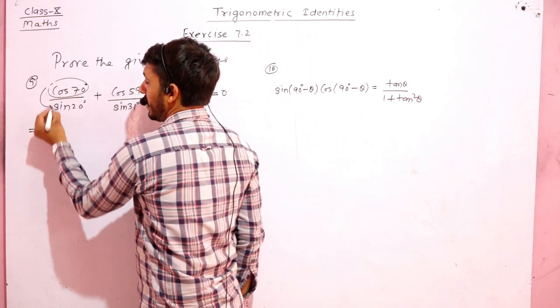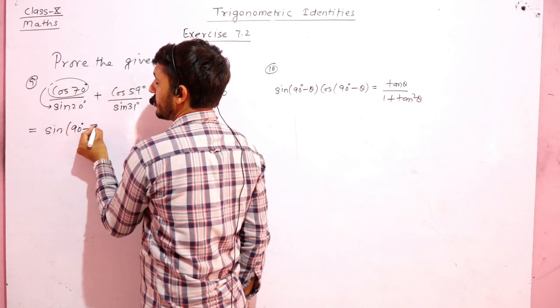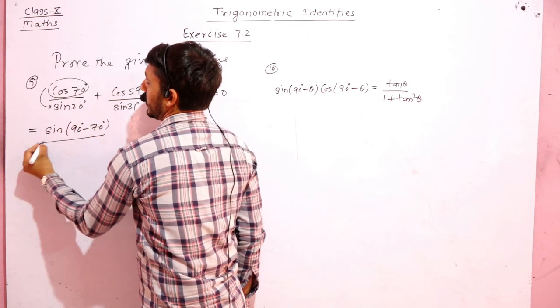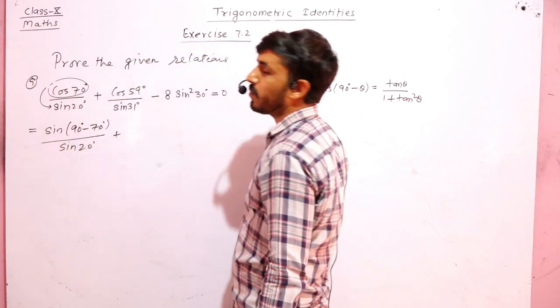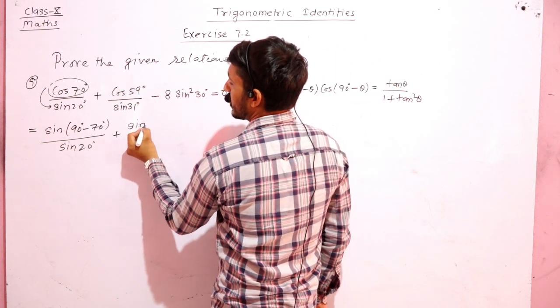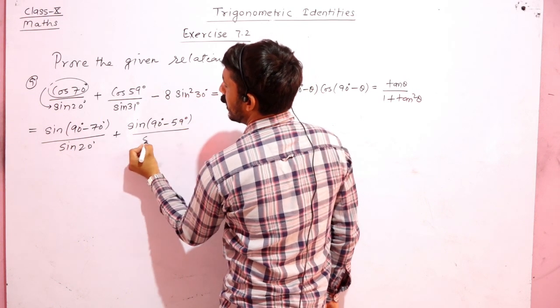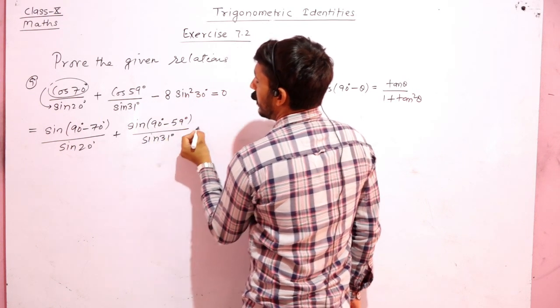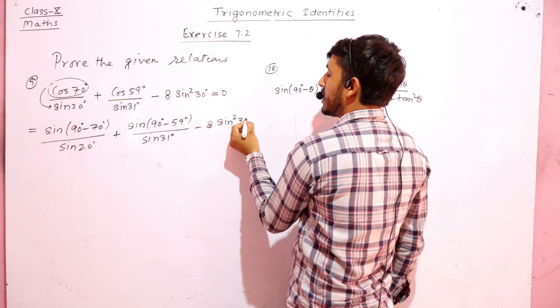Now I will write down here sine of 90 degree minus 70 degree, divided by the same term as given. In the next step we change the second part, cos into sine, so sine of 90 degree minus 59 degree divided by sine 31 degree, and the remaining part will be the same, 8 sine square 30 degree.